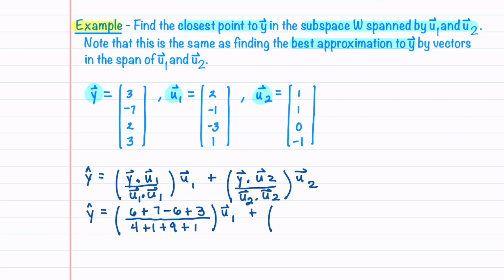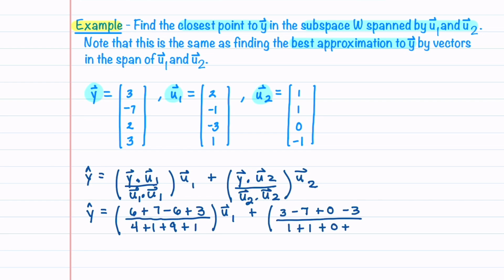Now let's do our next dot products. Y dotted with u2 is going to be 3 minus 7 plus 0 minus 3. And then for the denominator, we have u2 dotted with u2, so that's 1 plus 1 plus 0 plus 1.